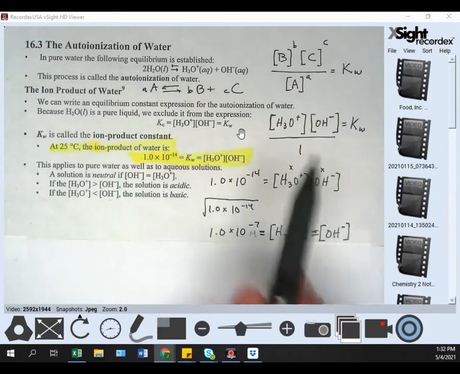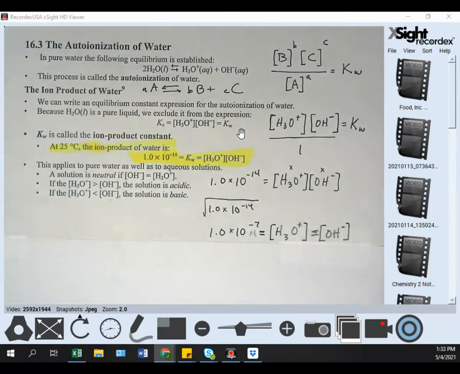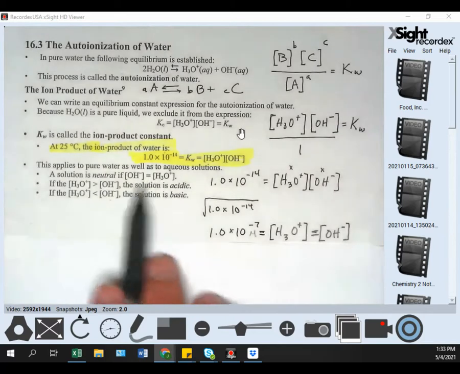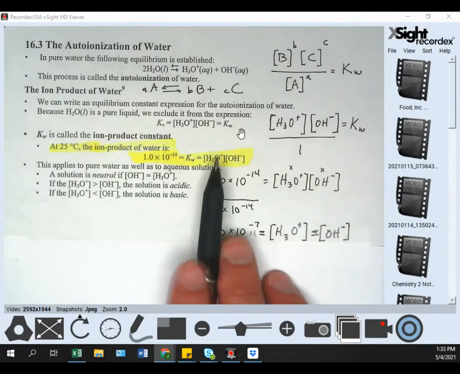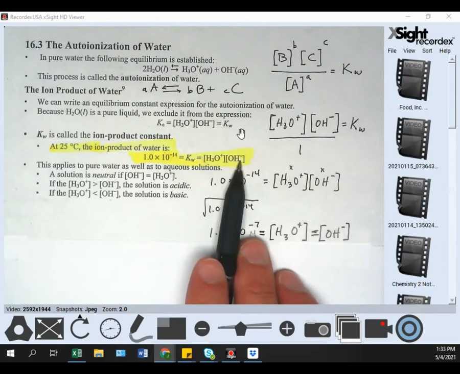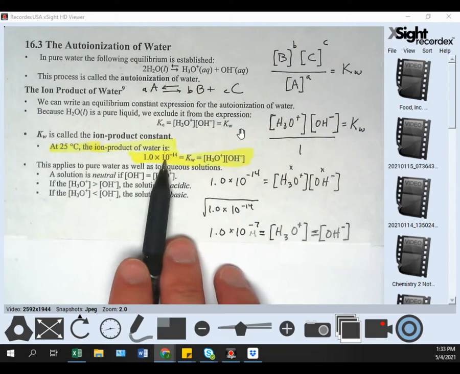We'll get into this a little bit, but the pH scale runs 0 to 14, and some of that comes from this. So the concentration of hydronium times the concentration of hydroxide will equal this, always, for autoionization of water.